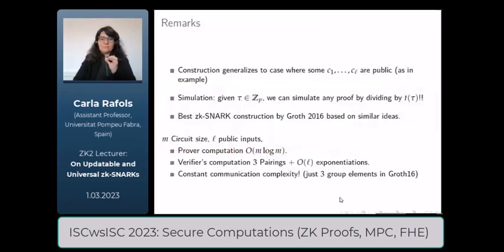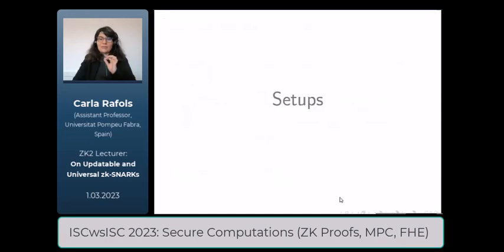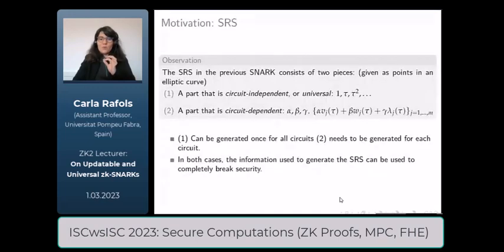But my focus, since I'm running out of time, is to focus on the setup, okay? The lesson learned from all these universal and non-universal SNARKs is that the structured reference string has two parts.